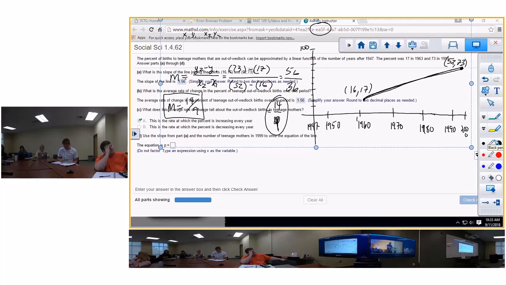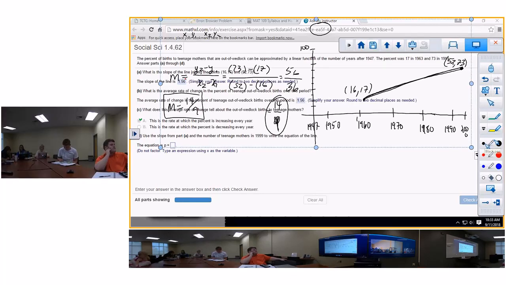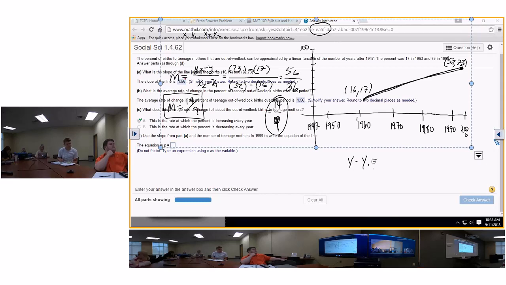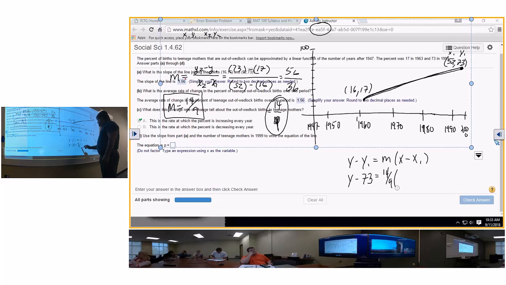Y minus y sub 1 equals m times x minus x sub 1. Here's your x sub 1, here's your y sub 1. So y minus 73 is equal to 14 ninths times x minus 52. All right, simplify that.